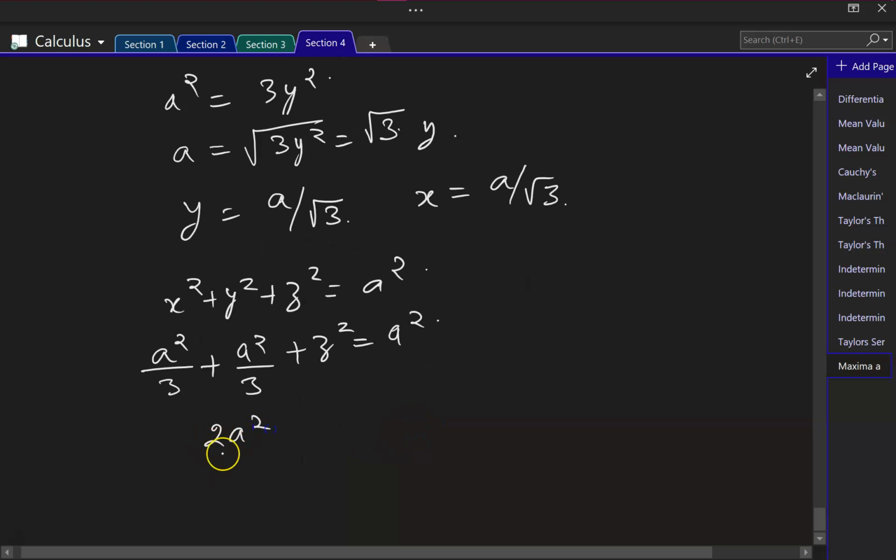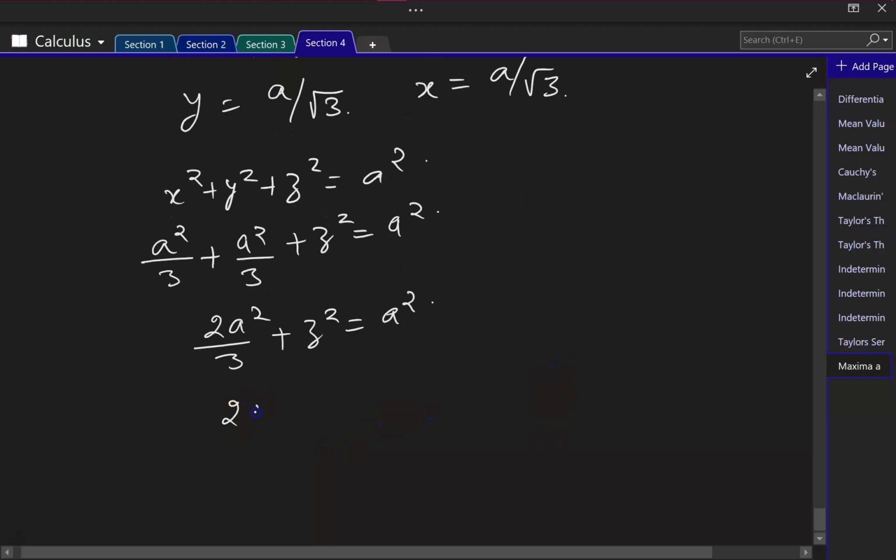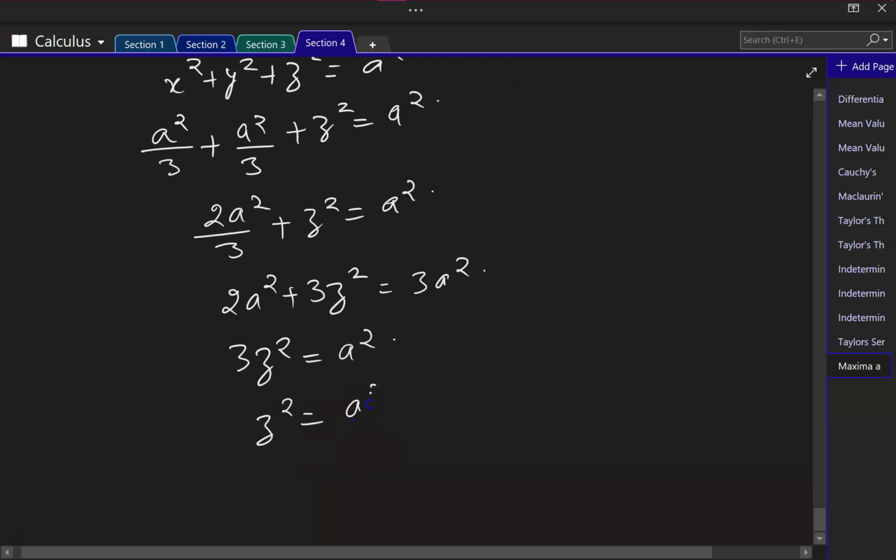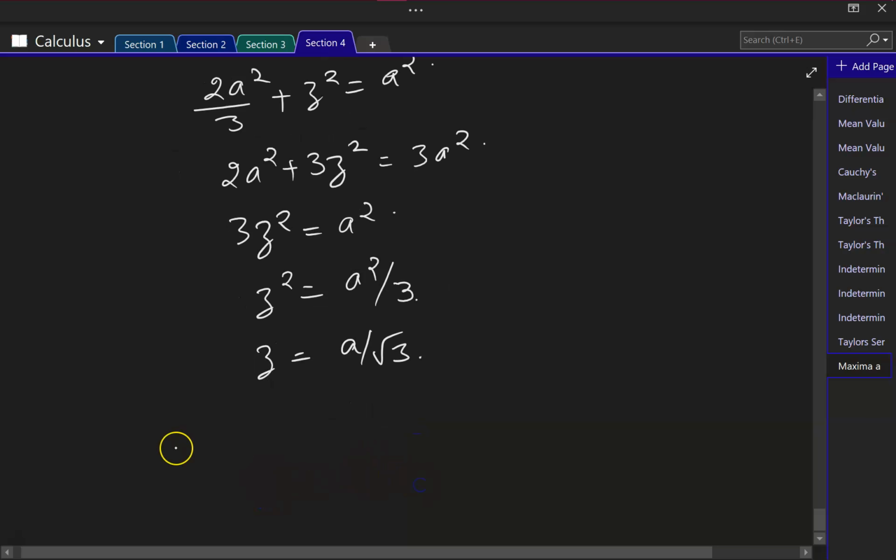So 2a square by 3 plus z square is equal to a square. 2a square plus 3z square is equal to 3a square. Now let's take this to the other side. So 3z square is equal to a square. Z square is equal to a square by 3, or z is equal to a by root 3.